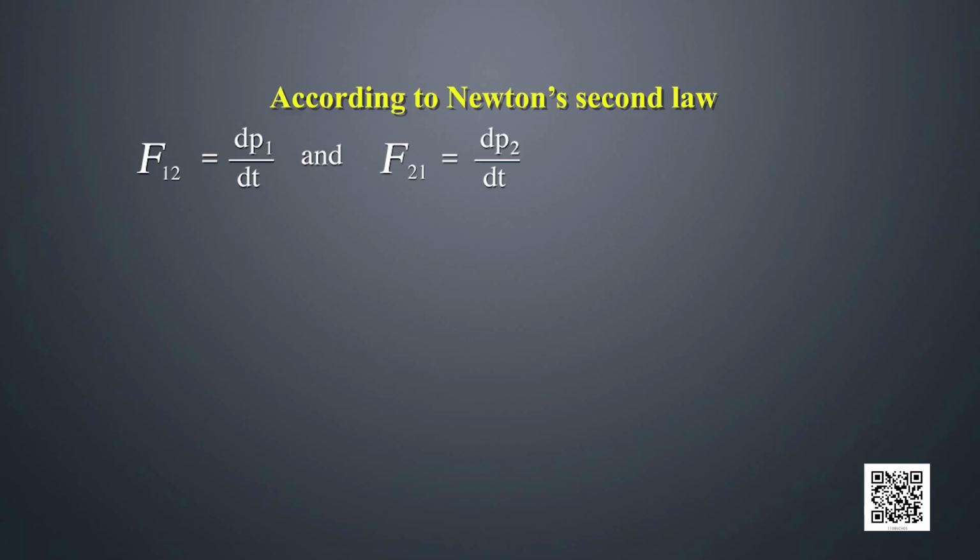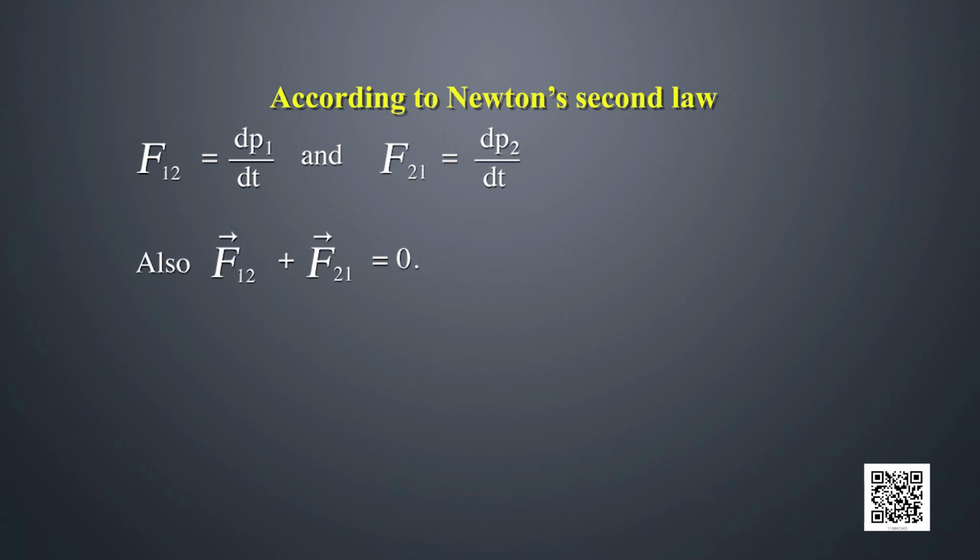According to Newton's second law, F12 is equal to dP1 over dt. This follows from the relation force equals rate of change of momentum. And for body 2, we can write F21 equal to dP2 over dt.